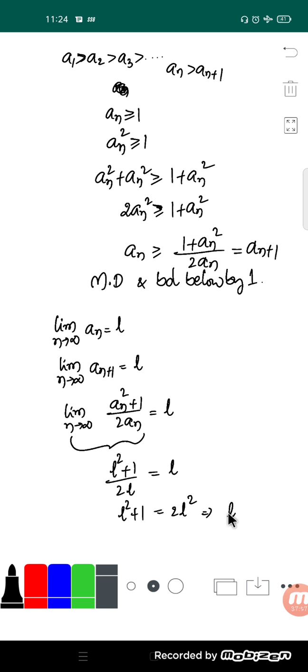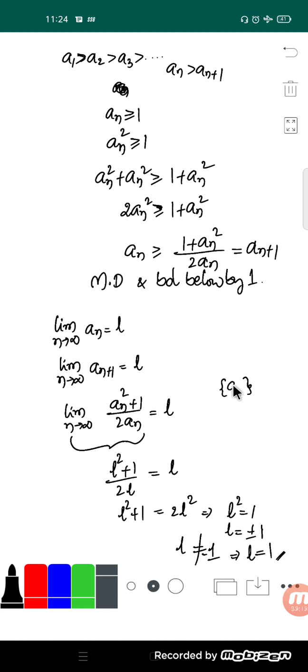So we have L square equals 1. L is plus or minus 1. As L cannot be negative 1, L must be equal to 1. So the above sequence converges to 1.